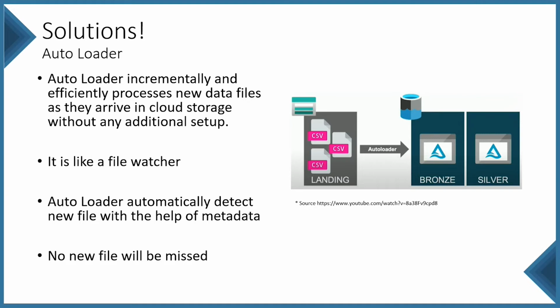In that approach, no new file will be missed. So you have the confidence that no new data will be missed. You know about the new data, and the next step is up to you how you are going to deal with it.